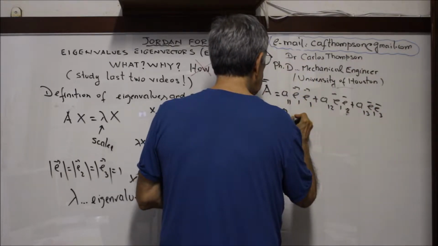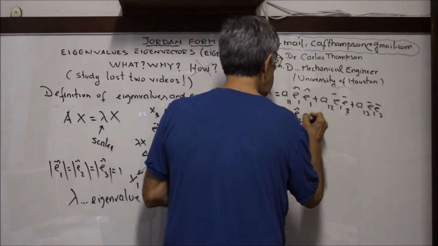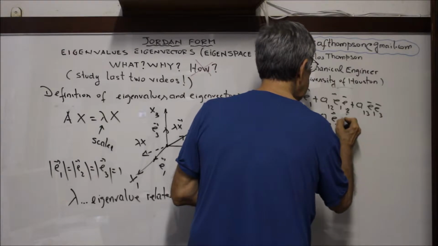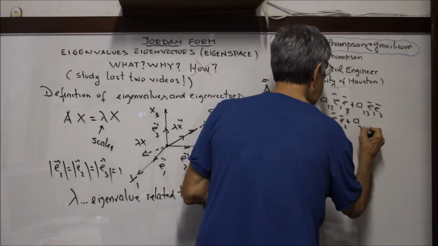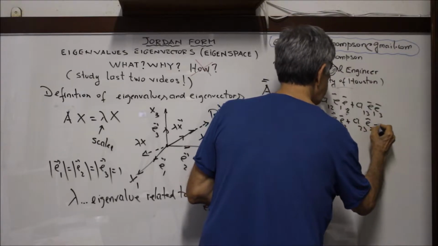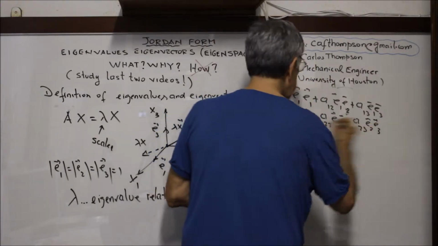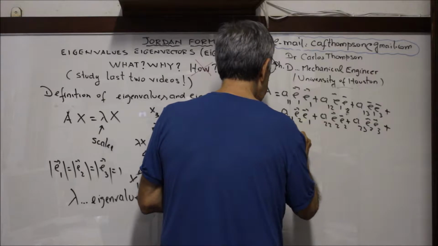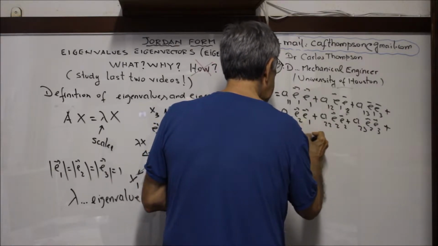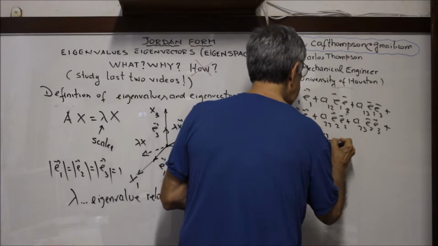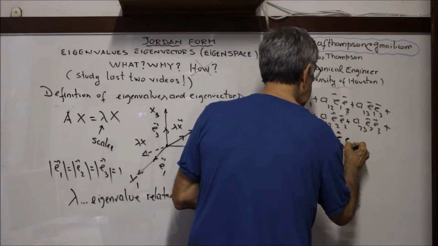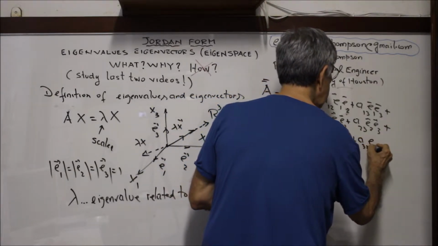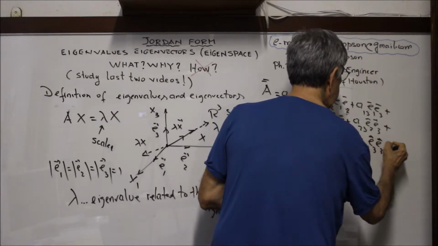Now A21 E2 E1 plus A22 E2 E2 plus A23 E2 E3 plus A31 E3 E1 plus A32 E3 E2 plus A33 E3 E3.